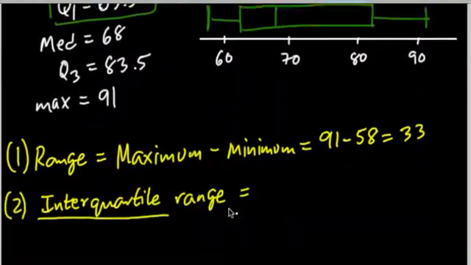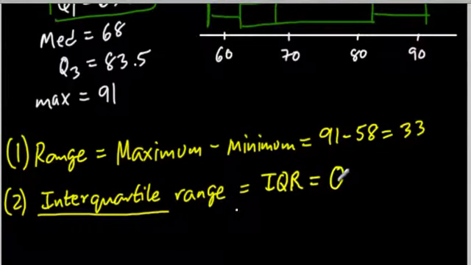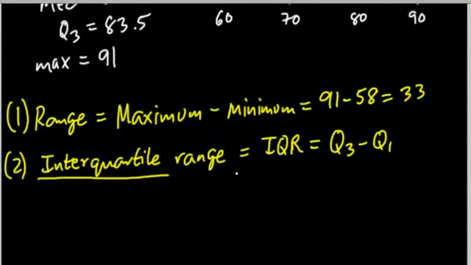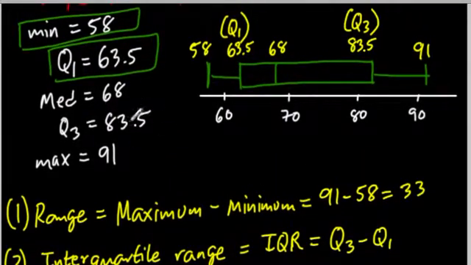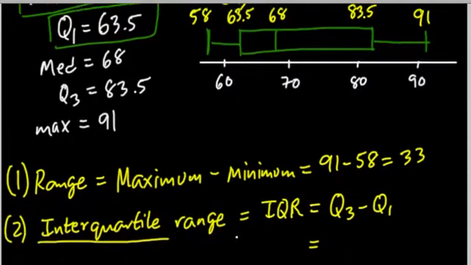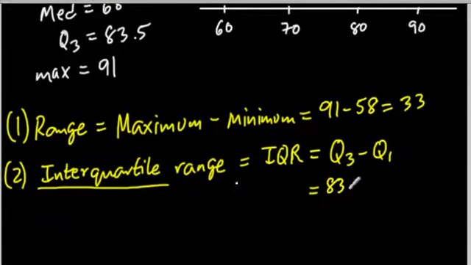A common term where we write this is IQR, which just means interquartile range. And it's simply equal to Q3 minus Q1. What is Q3 in this case? Q3 is simply 83.5.